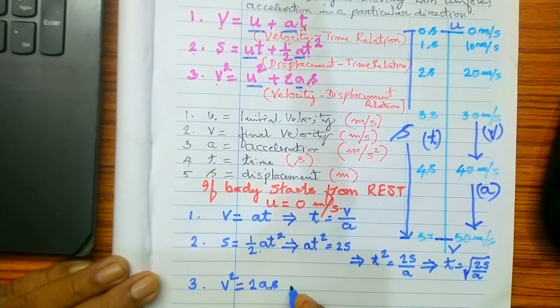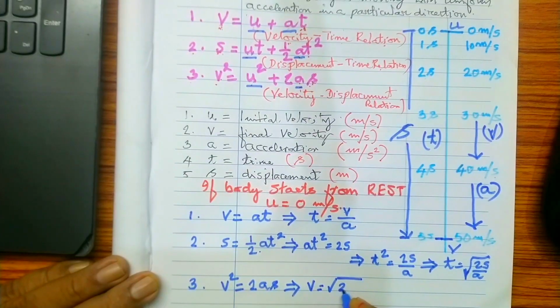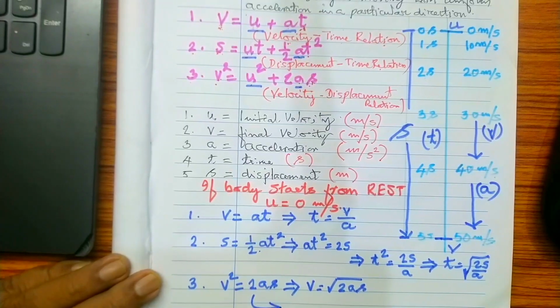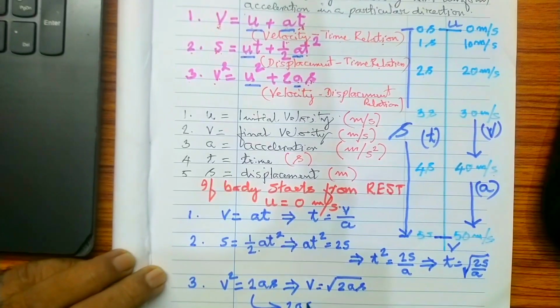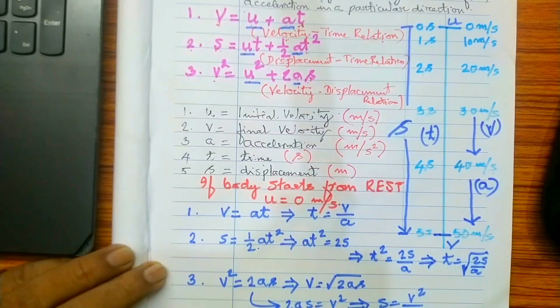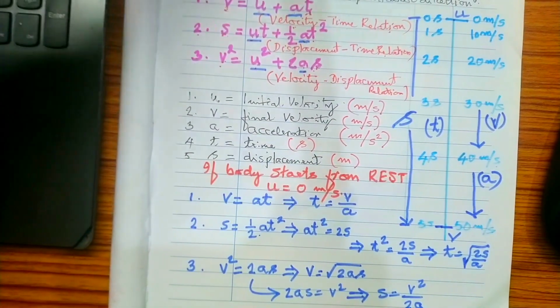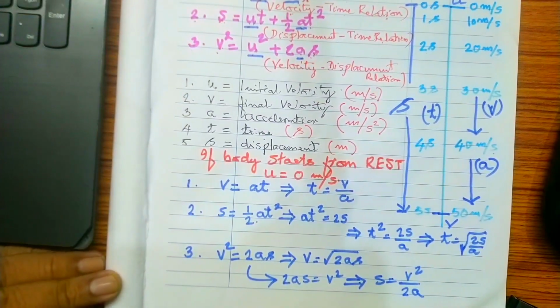Now v square is equal to 2as, means we can say that v is equal to square root of 2as, or otherwise one more thing we can say from this only, 2as is equal to v square, and therefore we can say that s is equal to v square by 2a. So these are all the equations of motion in the special case when the initial velocity is 0.